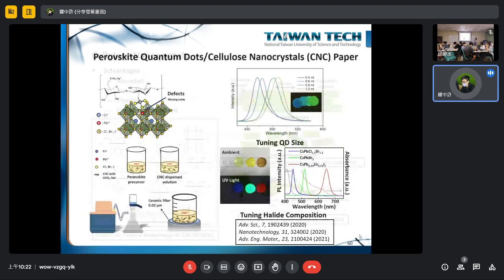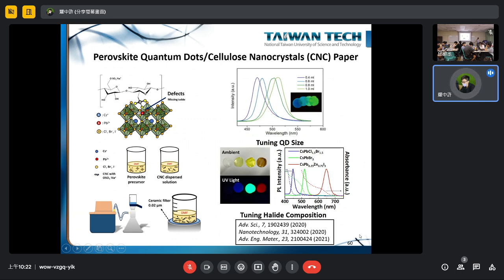And these are some of our research. We try to come up with different... We mix with cellulose nanocrystal and we do the vacuum filtration. We come up with different color conversion papers. So you can see that under UV excitation, you can make it into different color films.